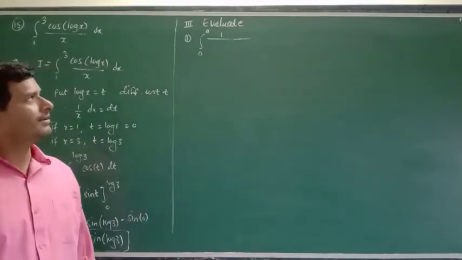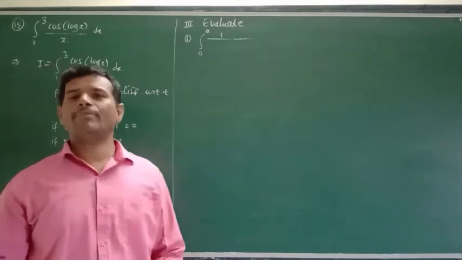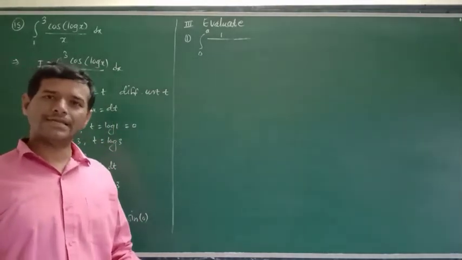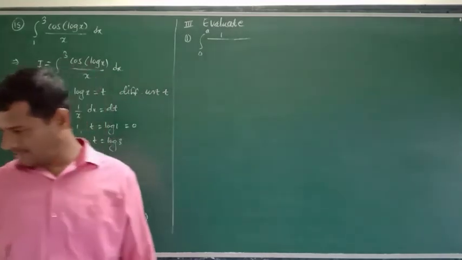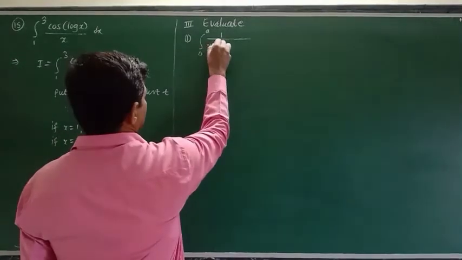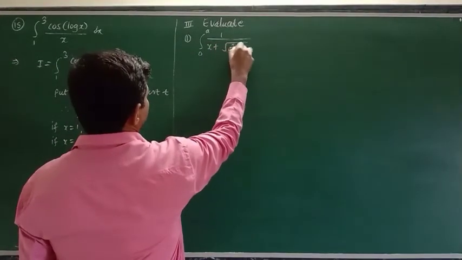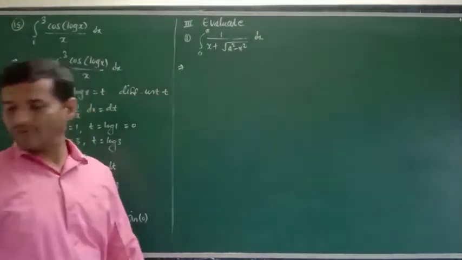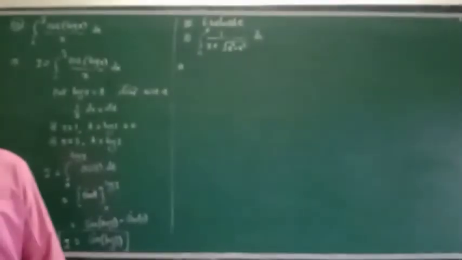Using these properties, we can solve the examples very easily. First example: integral from 0 to a of 1 upon x plus square root of a square minus x square dx. What is the value of this definite integration?